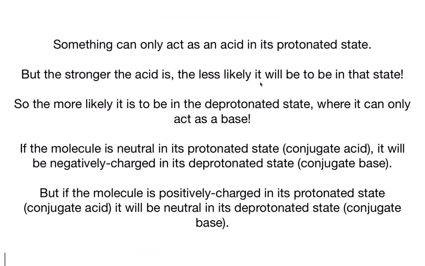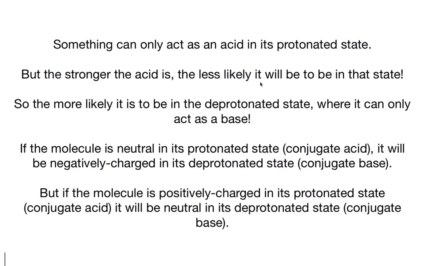If the molecule is neutral in its protonated state, neutral in its conjugate acid, then when it deprotonates, it gives up that positively charged proton. Now it's going to be negatively charged in its conjugate base form. But some molecules are positively charged in their protonated state. So the conjugate acid is going to be positively charged, and therefore they'll be neutral in their deprotonated state, in their conjugate base state.